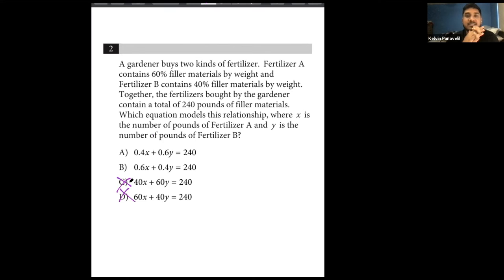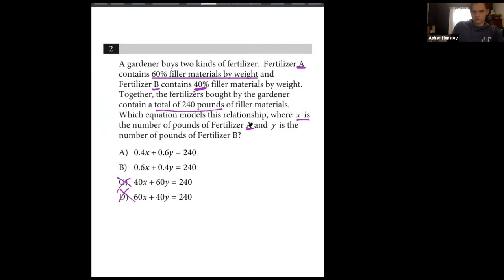And then we know that 60% by weight of A. Fertilizer A contains 60%, right? Fertilizer B contains 40%, right? So A is 60%, B is 40%. And then at the bottom it says where X is the number of pounds of fertilizer A, right?